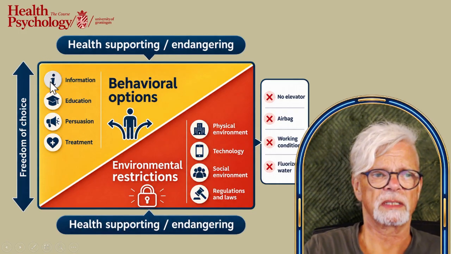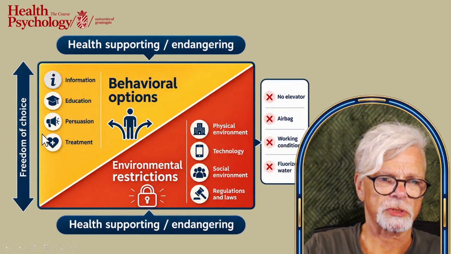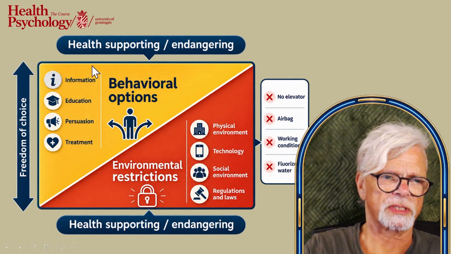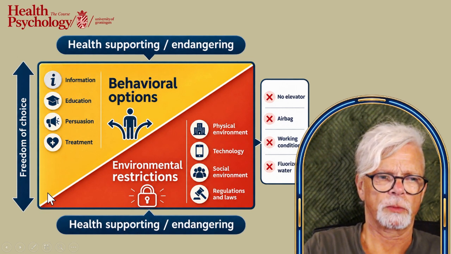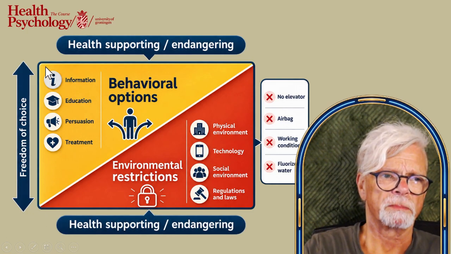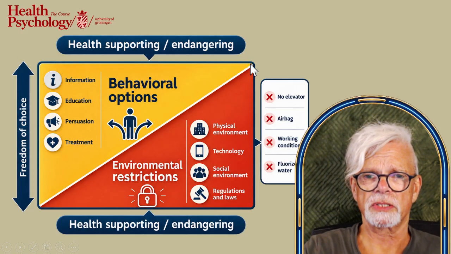Then you still can influence people by information, education, persuasion, or treatment. Those things are possible in a free society in which everything is possible, in which the government doesn't paternalize people.